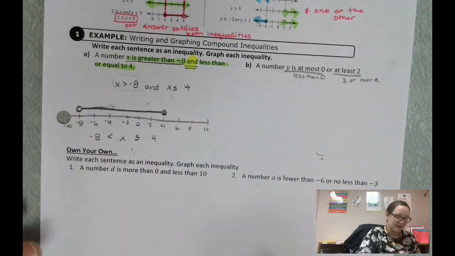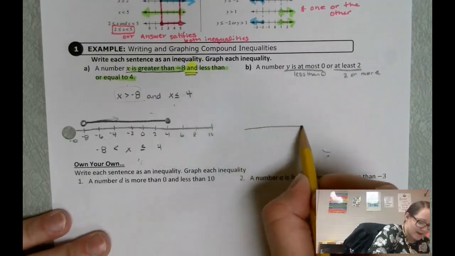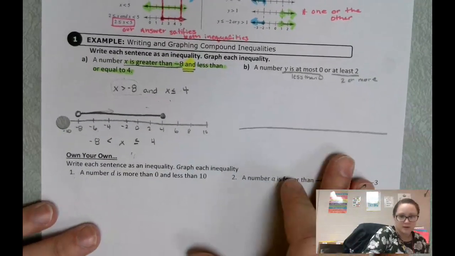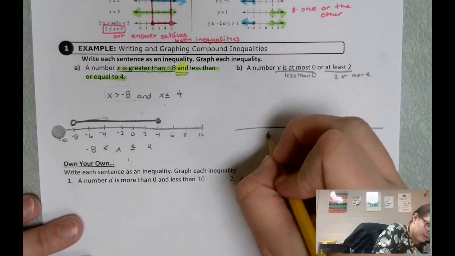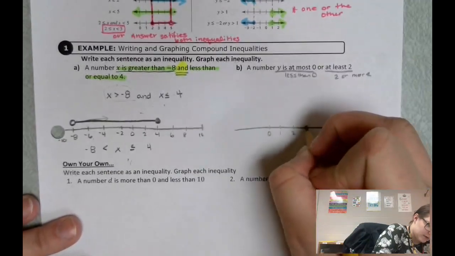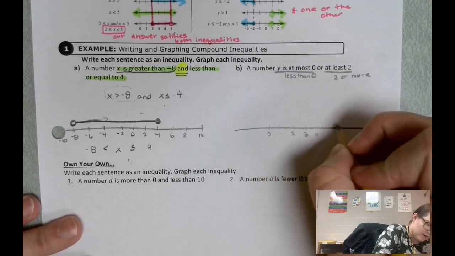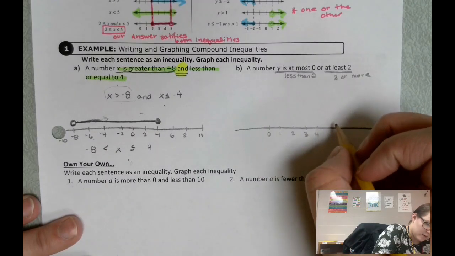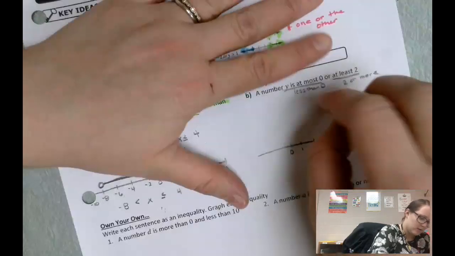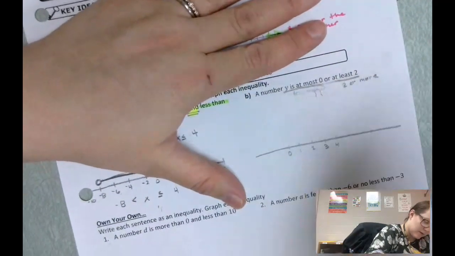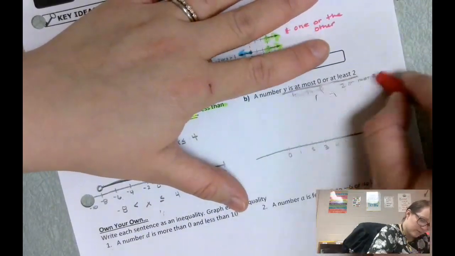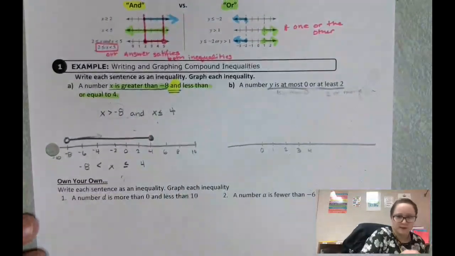So if we're writing this, again, I'm going to graph it first because I find it easier to graph first and then come up with the inequality. I know I need 0, 1, 2, 3, 4. Oops. I think I screwed this up when I explained it to you guys.